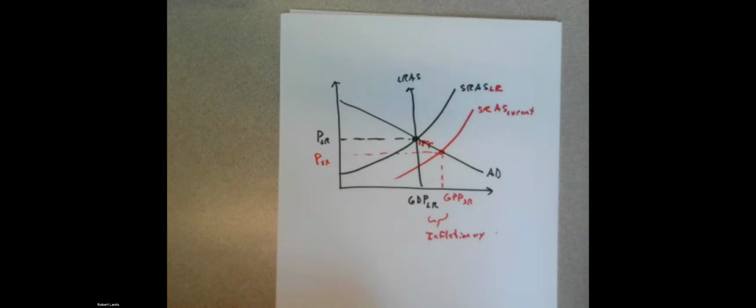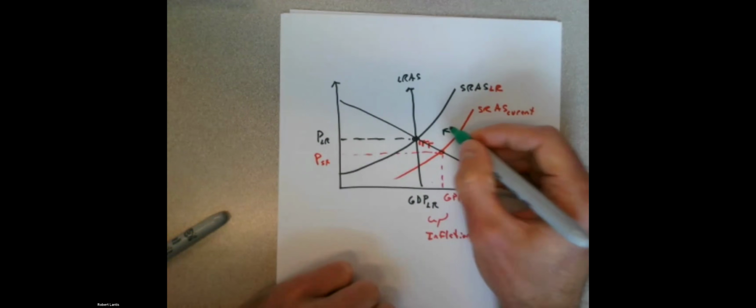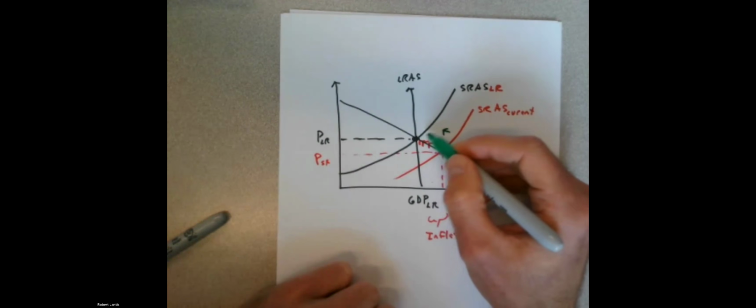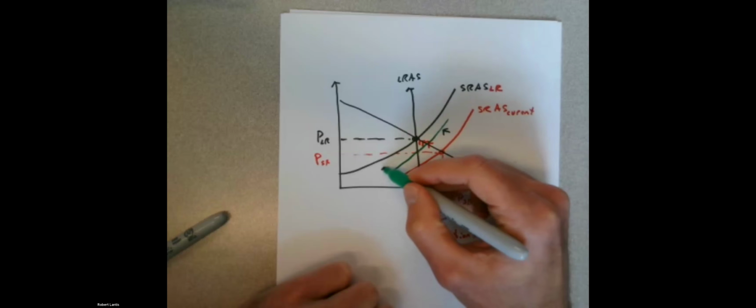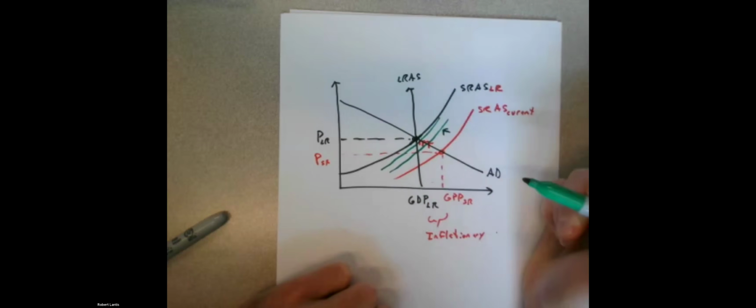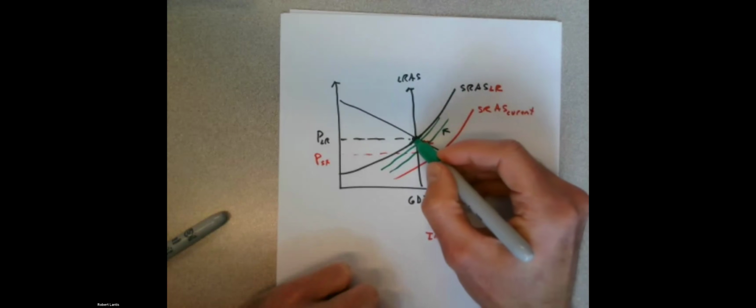As a result, what are we going to do to the short run aggregate supply curve? We're going to see that it's going to decrease, right? It shifts to the left until our short run aggregate supply is the same as our long run aggregate supply, or we arrive at this long run equilibrium.